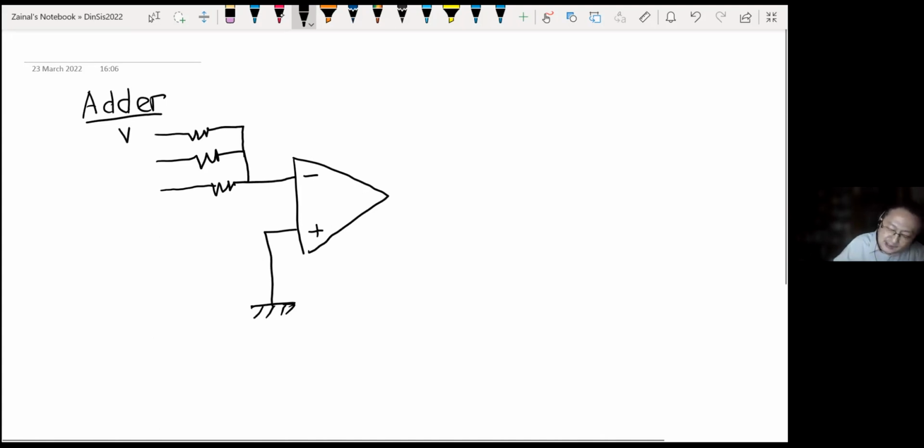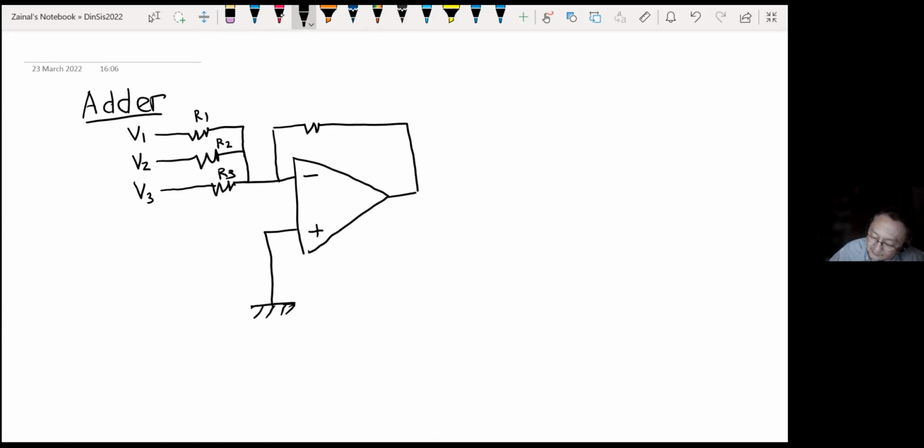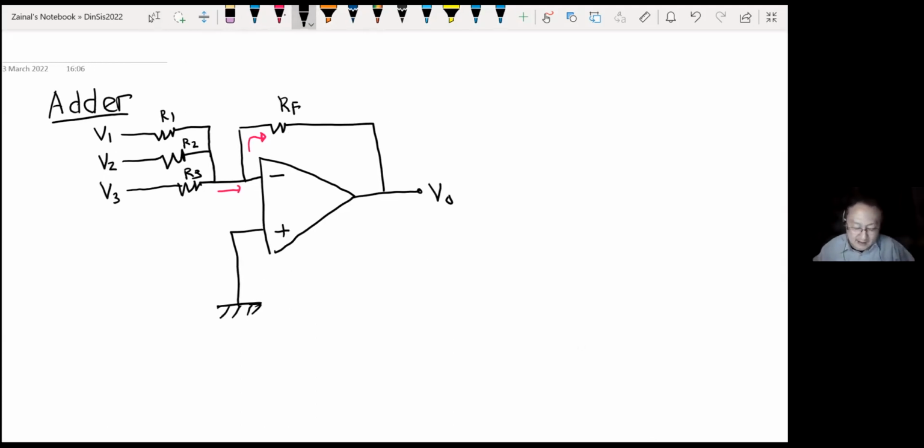Say this one is V1, V2, V3, with R1, R2, R3, and this one is connected to RF. Okay, and this one is VO.